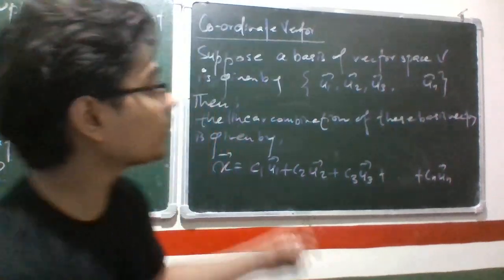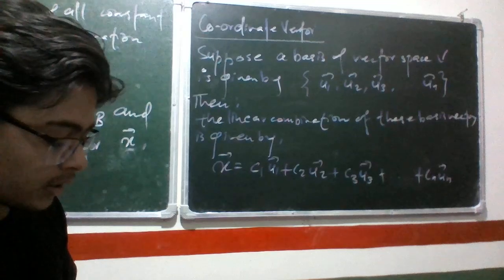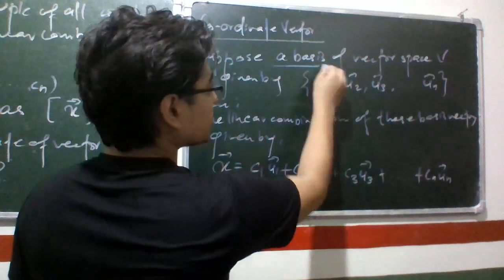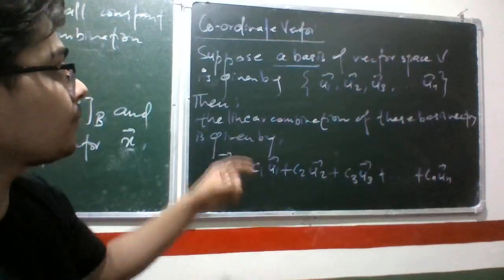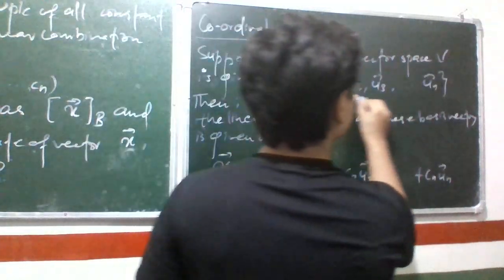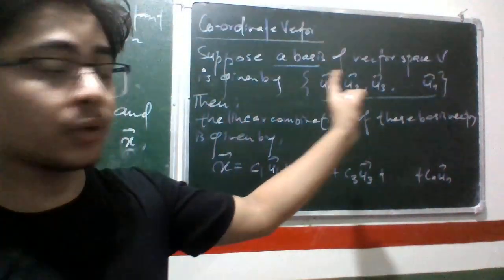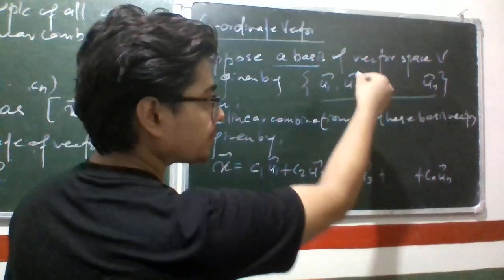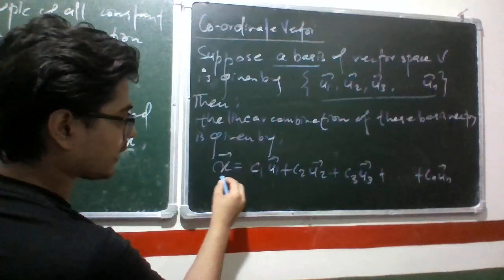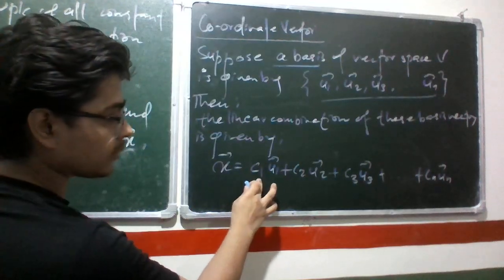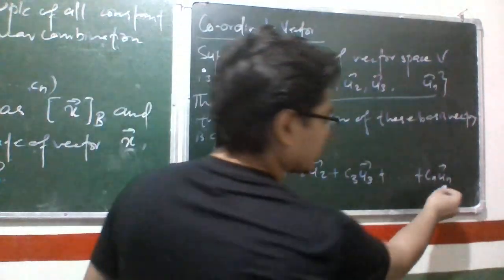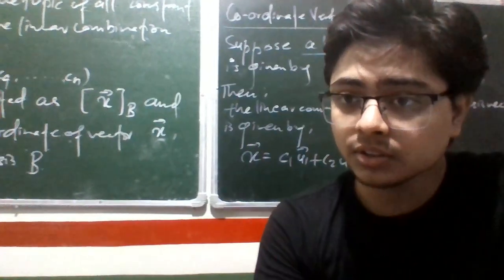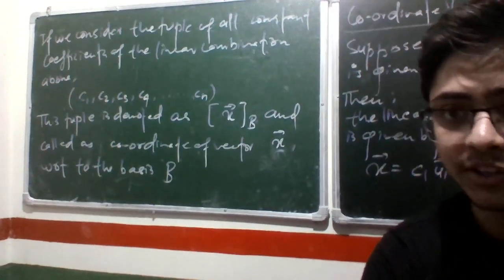Okay, so what is a coordinate vector? Suppose we have a basis for the vector space V given by these set of vectors u1 up to un. Then the linear combination of these basis vectors given by x equals c1 u1 plus c2 u2 up to cn un is said to be the linear combination.